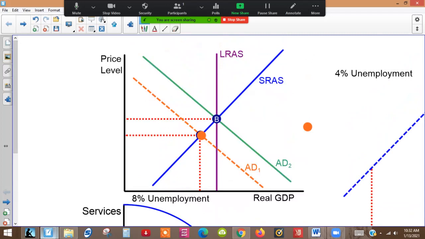And we're going to think about Keynesian fiscal policy, FISCAL, that would move our aggregate demand in the economy back up to here. And that's either going to be cutting taxes, or increasing government spending.